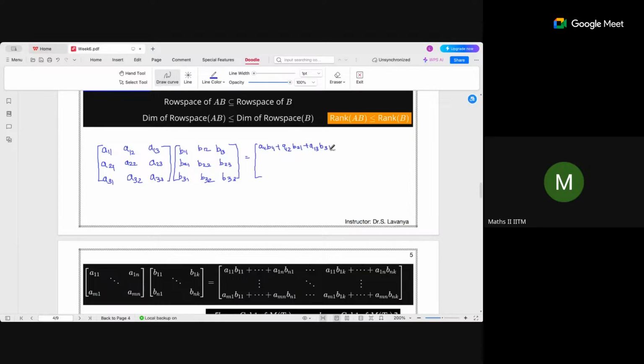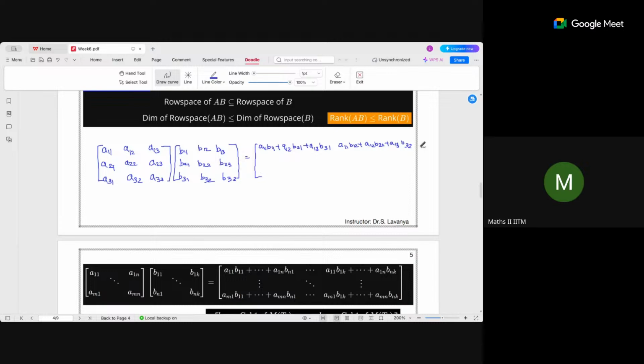So this is the first entry. What's the second entry? A11 B12 plus A12 B22 plus A13 B32. This is the second entry.